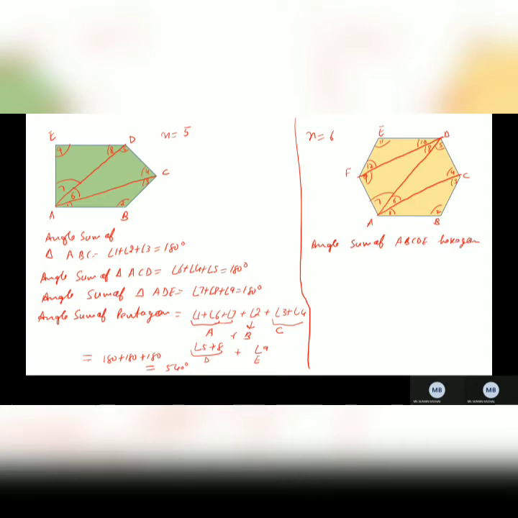When we add all these angles, you will get angle 1 plus 6 plus 7.